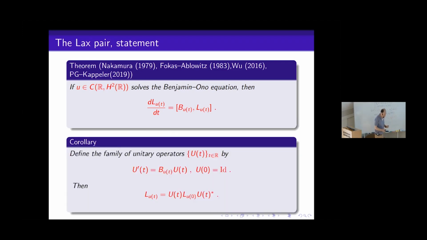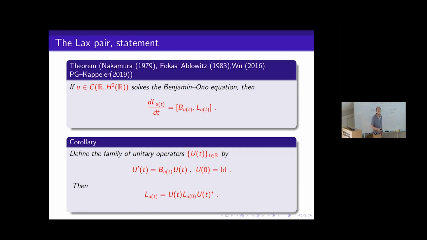The corollary tells you that there exists a family of unitary operators on my auxiliary Hilbert space, L^2 plus, such that L_u at time t is conjugated to L_u at time 0 by this family of unitary operators, capital U of t. This is the formula you can find in Lax's original paper in this context, okay? And you just have to solve this linear ordinary differential equation.